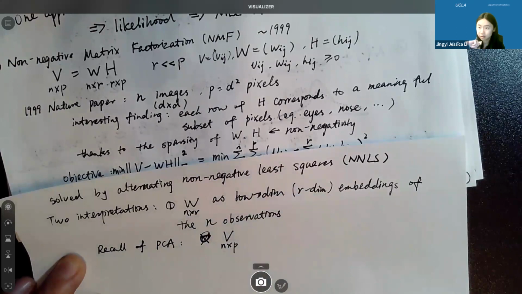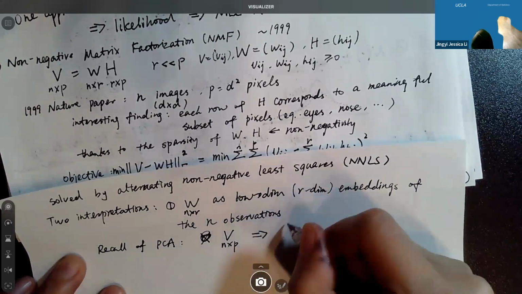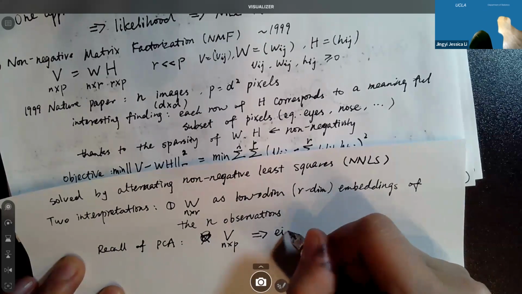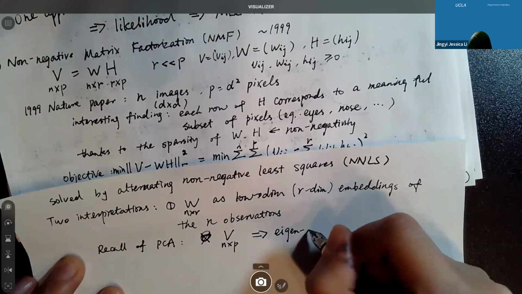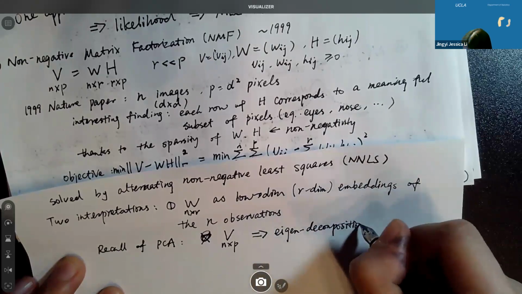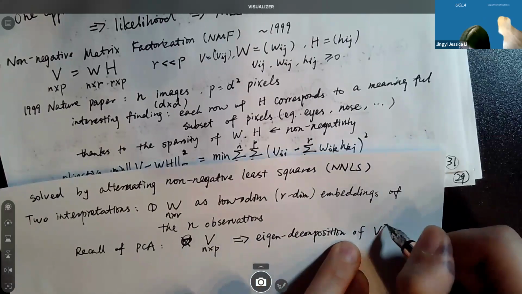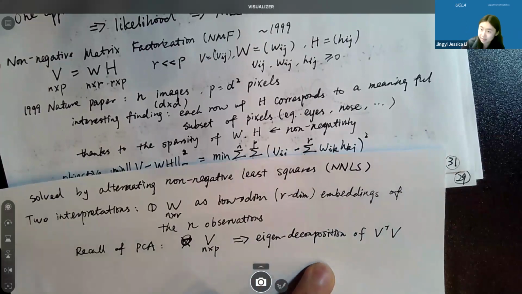What we do by PCA, just as a recall, is that we do eigen decomposition. Two ways are okay. Eigen decomposition of V transpose V. We assume that V has each column centered already.